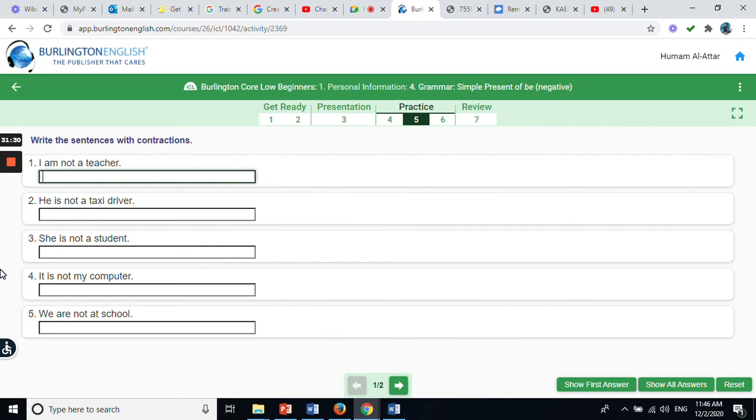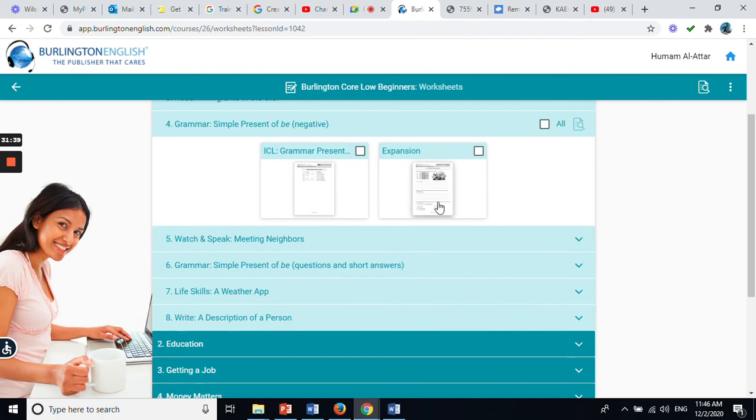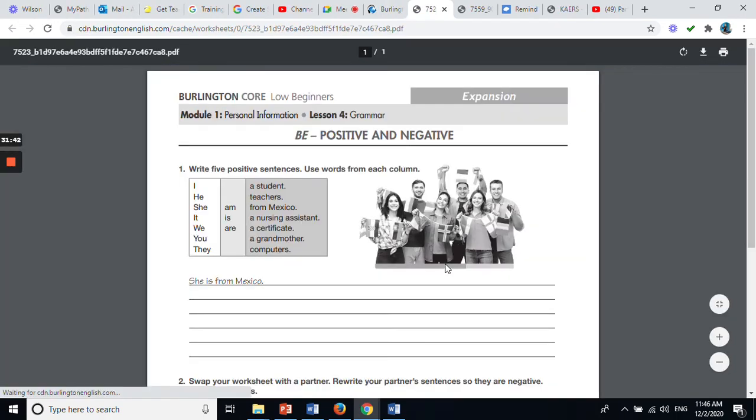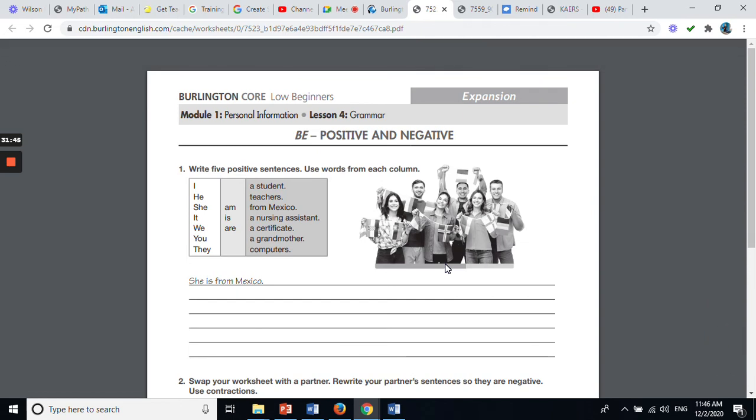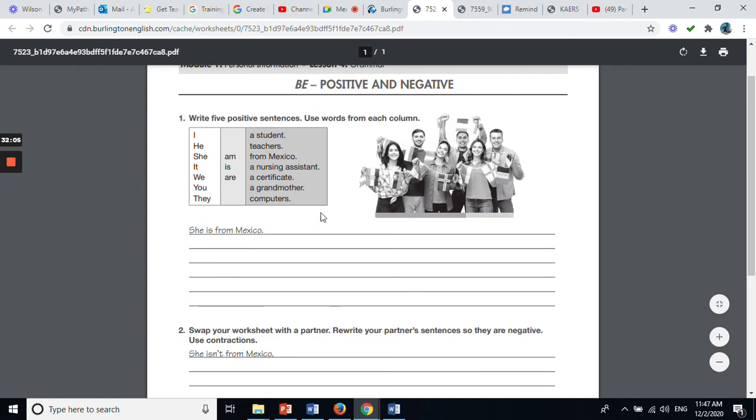I'm not a teacher. Let's see if this one is also on the worksheets. Yes. Here, write 5 positive sentences. Use the words from each column. She's from Mexico. So on number 5, you need to write 5 positive sentences.